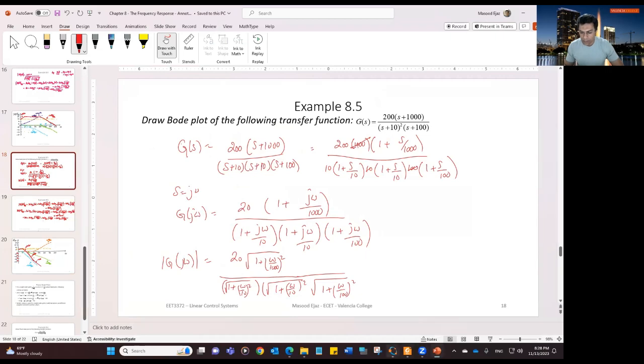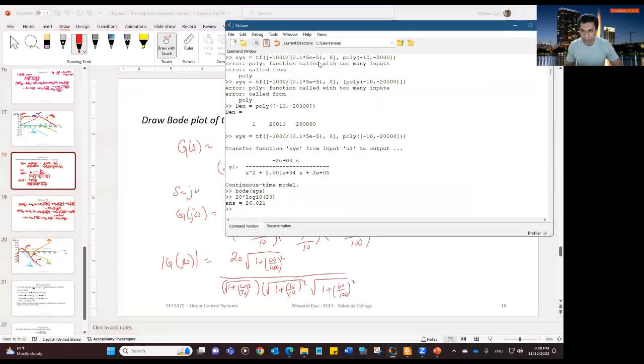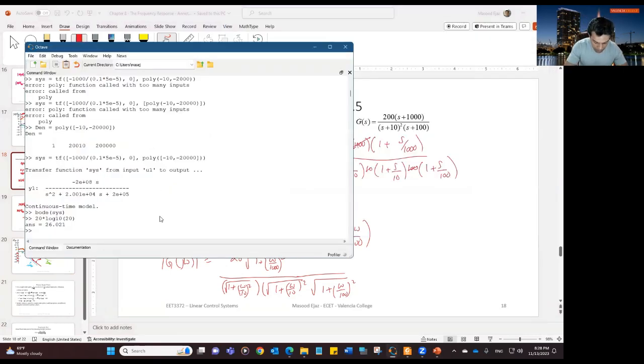So 200, let's go and plot that. So my new system is a transfer function of numerator 200 times 1000, so 200 exponent 3. That's my numerator. And my denominator, again, I'm going to use the poly function to create the polynomial.